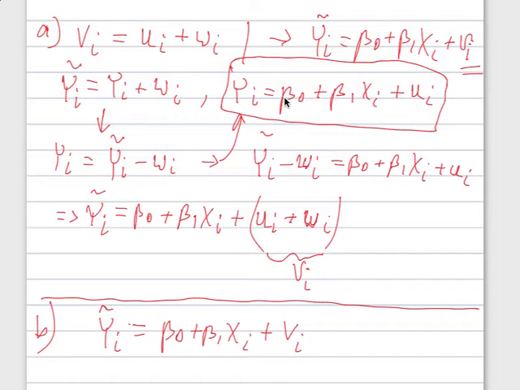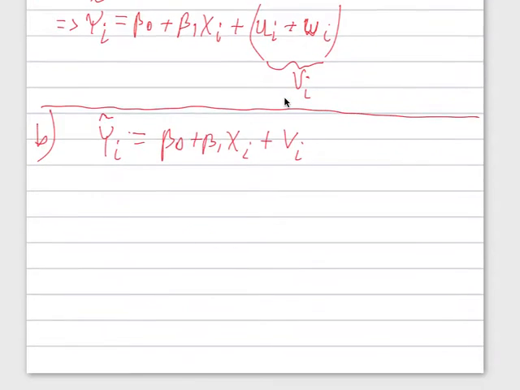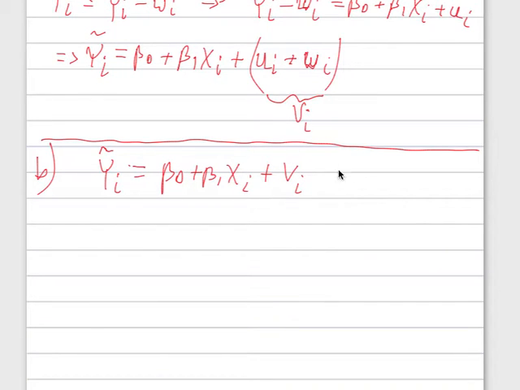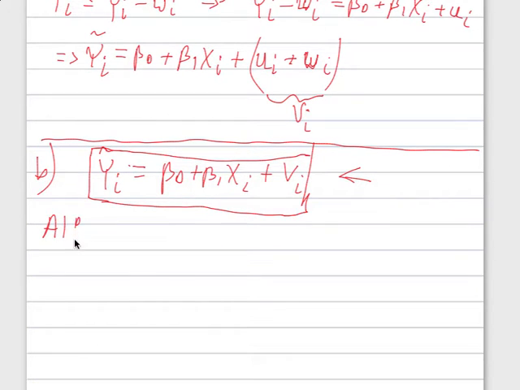Now the question is, does this model with the mismeasured yi satisfy the three OLS assumptions? First assumption. We need to show whether that is the case or not.